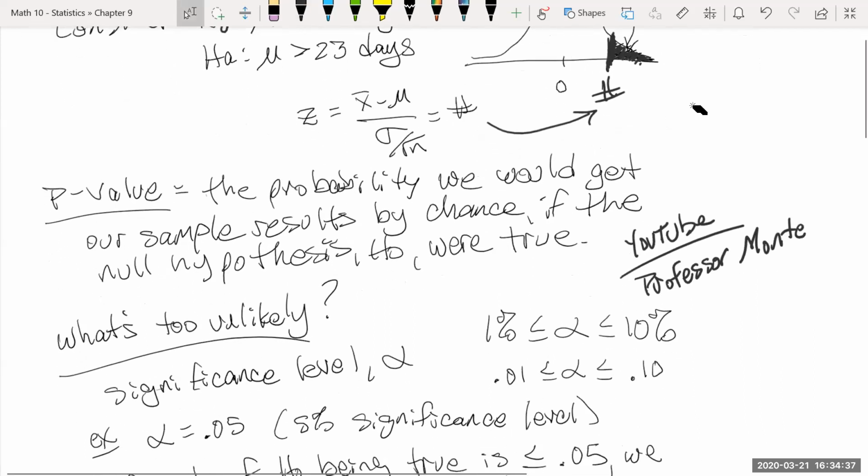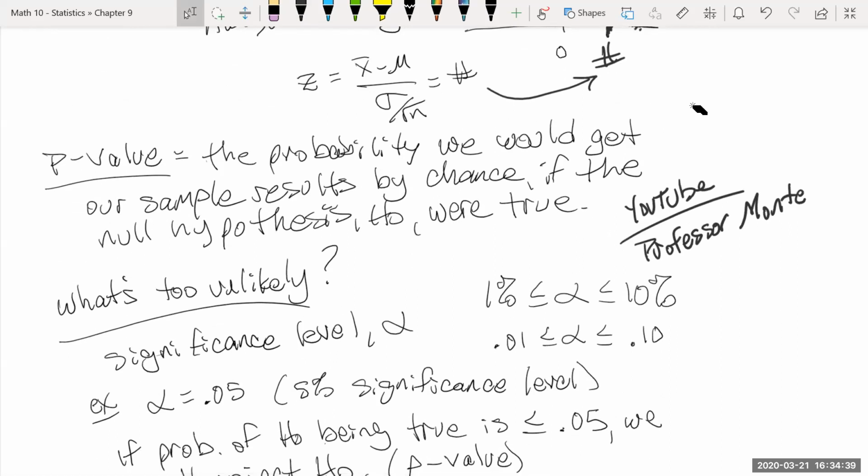Okay, so what's too unlikely? Well, when we're talking about getting our results by chance, if we get something that happens 80% of the time, we'd say, well, okay, that I can accept as something that would happen often enough.